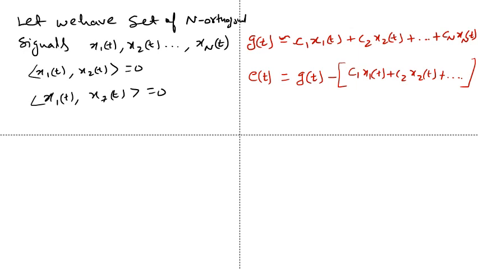Let me write this using a compact representation: g(t) minus the summation of ci xi(t), where i is from 1 to capital N. So in order to minimize this error, we need to minimize the energy of this error signal. The energy of the error signal e(t) should be minimized.